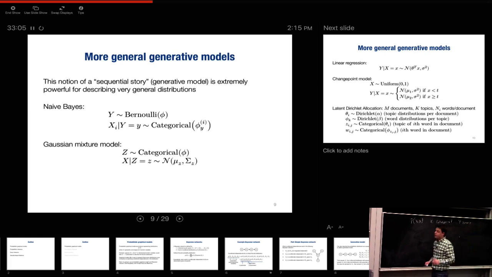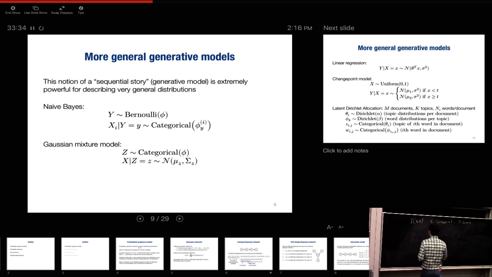But essentially what naive Bayes says is the story of the distribution is that I first sample y. I first sample what ends up being my class label, just like in a classification model, except this is implying a generative model over how you come up with your data. So I first sample y from a binary distribution, and then given y, I sample each of my x_i's independently based upon that y.